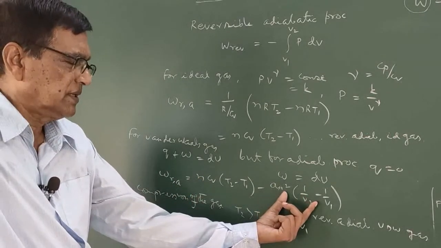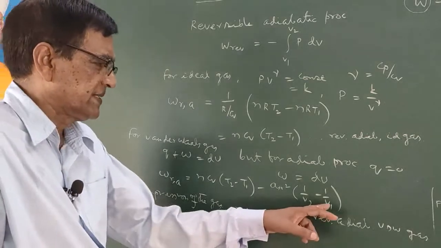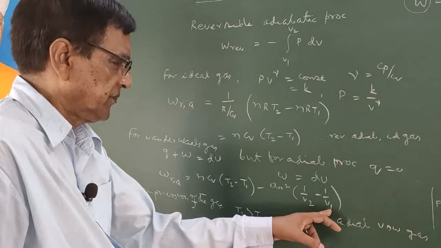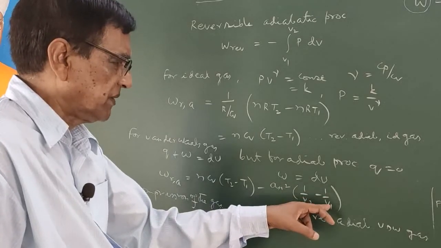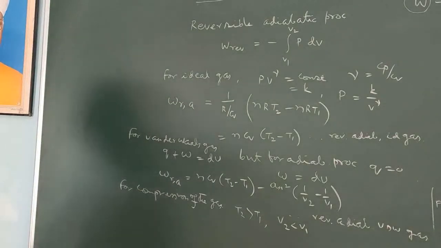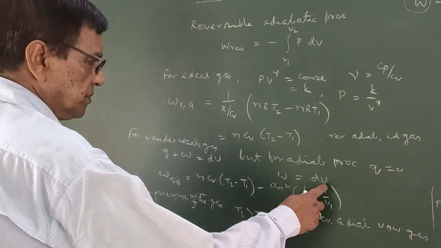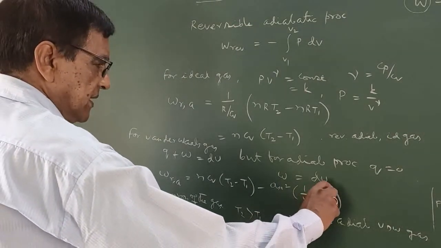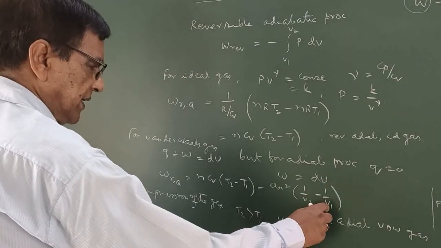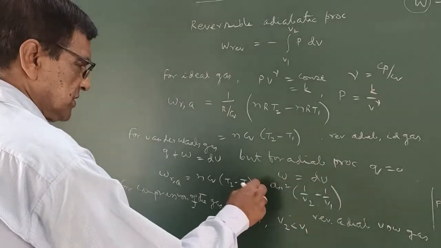But V2 is less, V1 is greater, so 1 by V1 is less. So this term is also positive. Here V1 is high, so 1 by V1 is less, so this is minus.